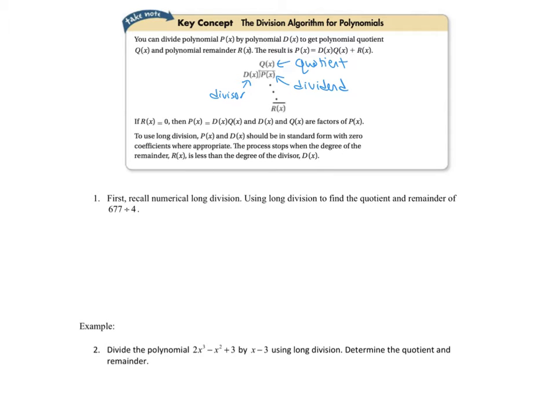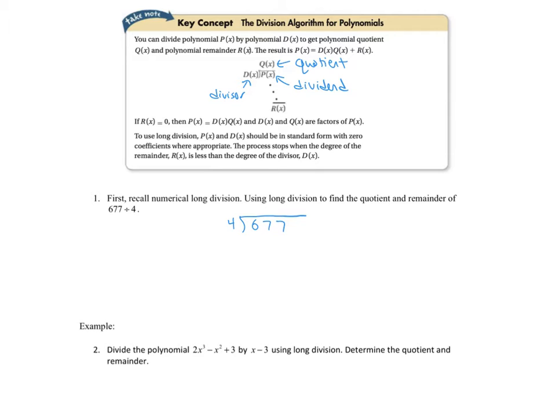And I want to review how we do long division with numbers first, because it's probably been a while. So we take the divisor and we put it in the front of this long division symbol, which almost looks like a square root, but it's not. And then the dividend goes underneath.